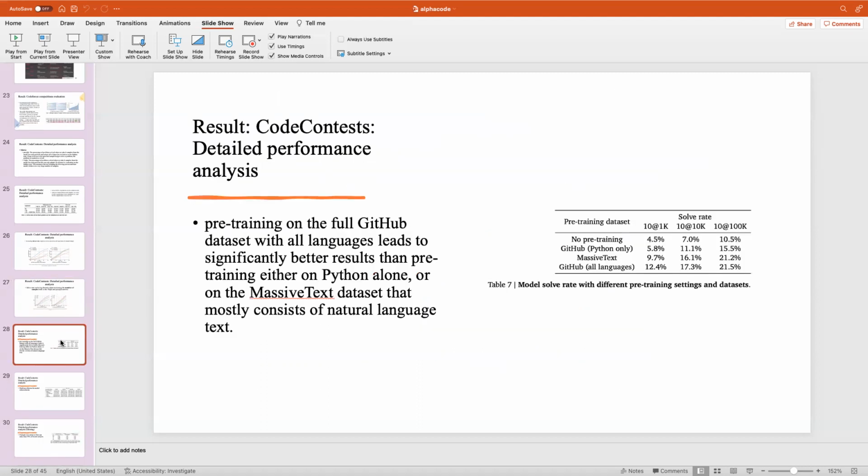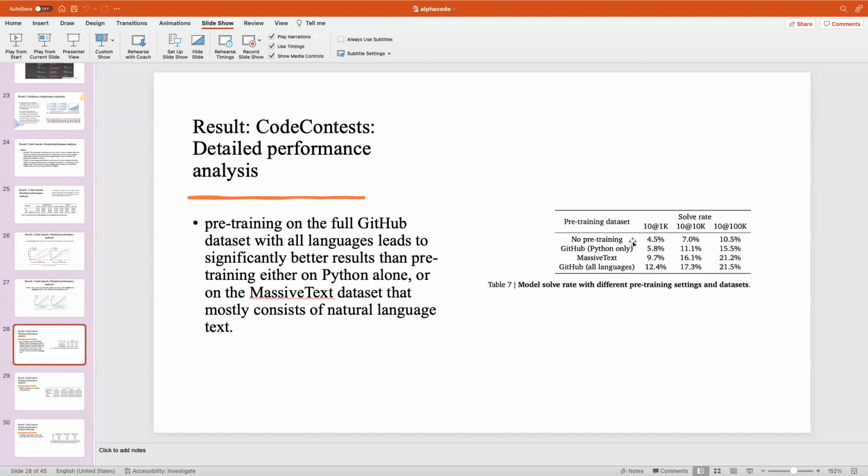And here is the breakdown of the effectiveness of the data set. The authors compare the model pre-trained on different data sets, and they find that GitHub is actually the most effective data set for pre-training.